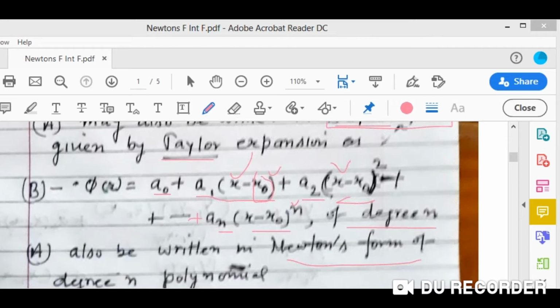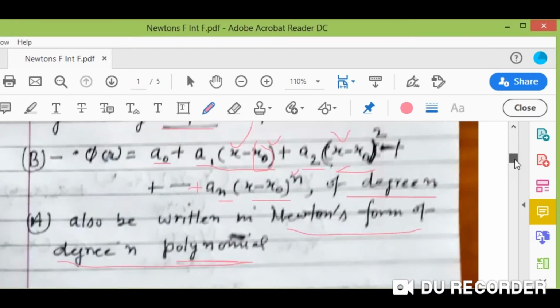Similarly, this polynomial is nothing but of degree n, and after substituting the constant values, this polynomial remains almost the same as we have seen above.